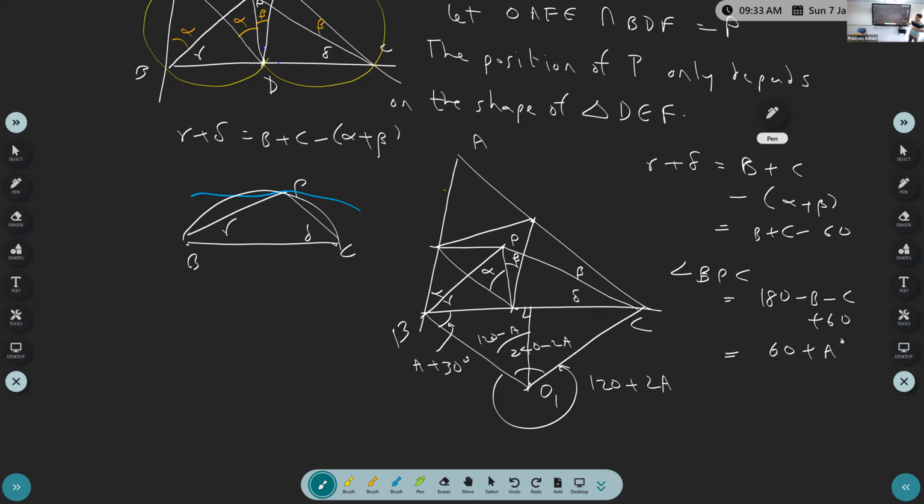So if I consider an isosceles triangle where the base angles are A plus 30, then that will give me the center of the arc which I want. Sorry, A minus 30. Okay. And depending on whether A is greater or less than 30, the point may come above or below the line. I think in my diagram, hopefully it will always be minus.